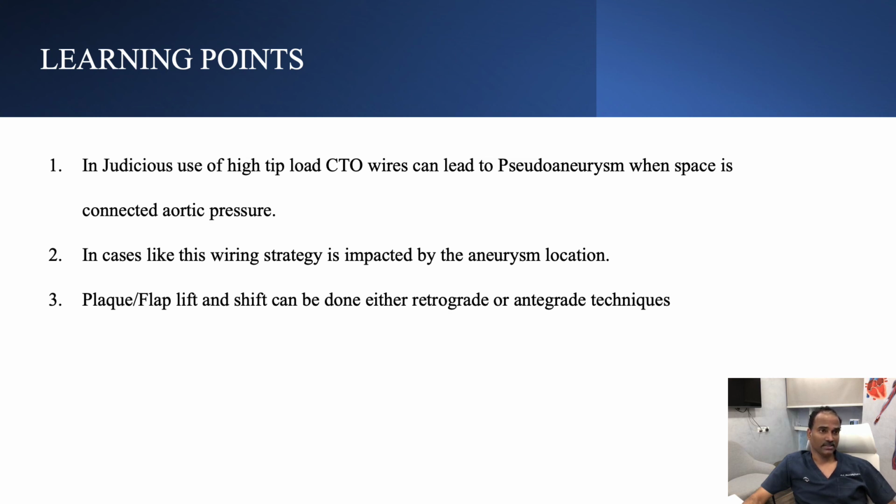In cases like this, the wiring strategy is largely impacted by the aneurysm location and its anatomy, and plaque or flap lift and shift can be done with either retrograde or antegrade techniques depending on the anatomy of the pseudoaneurysm, which can further be studied by intravascular ultrasound to make sure that the aneurysm will be excluded properly.